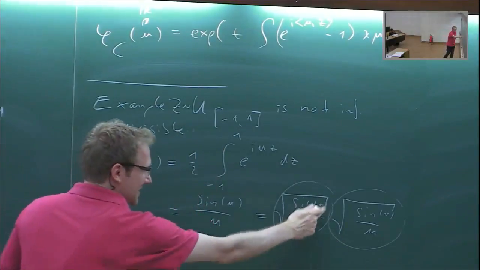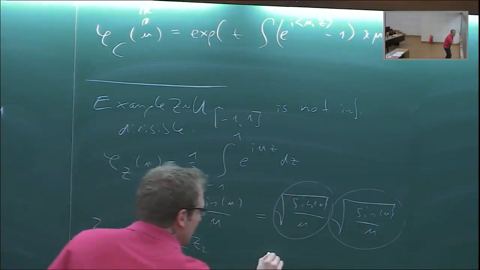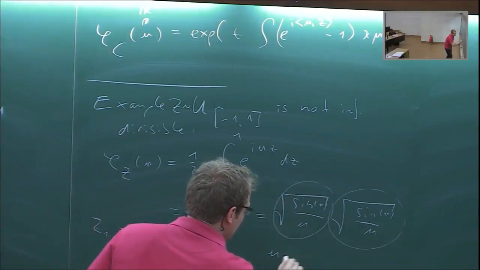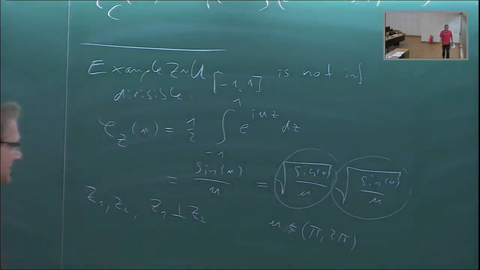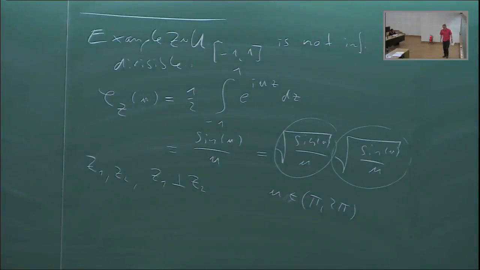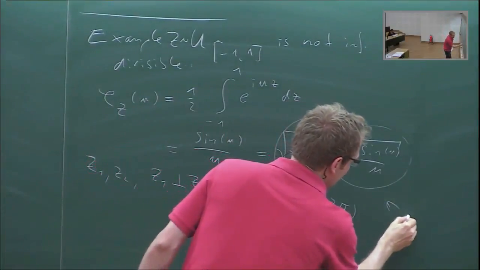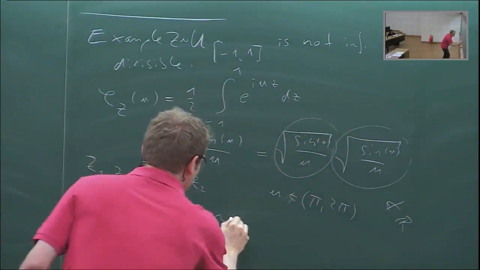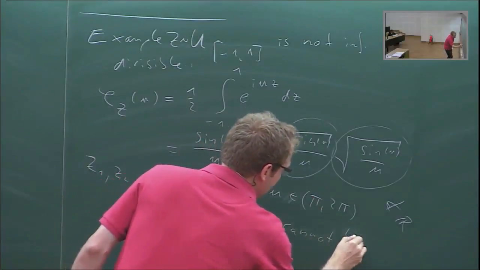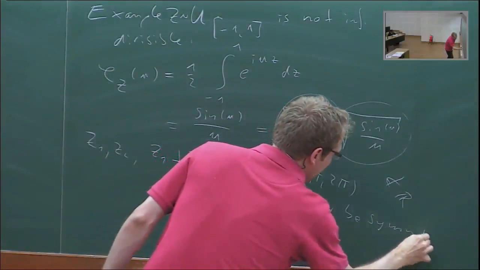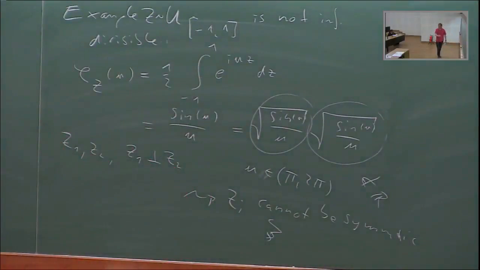But of course, this object, for values, for example, u between pi and 2 pi, is actually not real valued anymore. So the zeta i's cannot be symmetric. And this is a contradiction.